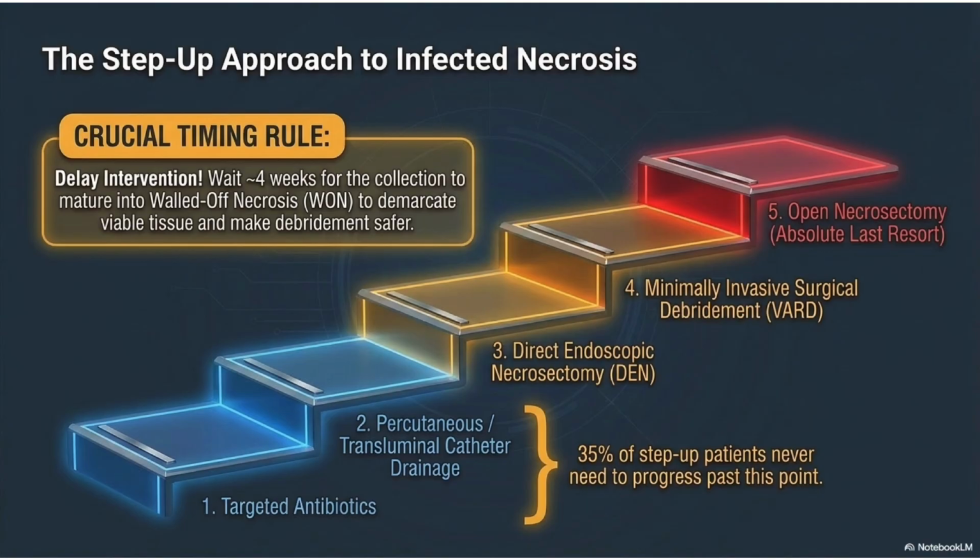And the full-blown surgical cases where the other options are not feasible is an open necrosectomy as an absolute last resort. But remember that critical timing rule, delay intervention, wait 4 weeks for the collection to wall off to demarcate the viable tissue and make the debridement safer if you're gonna go for the surgical option.